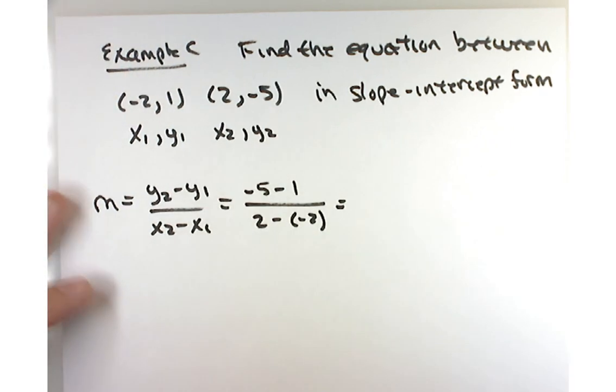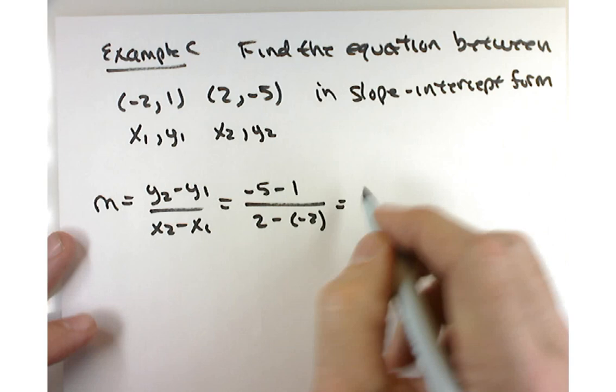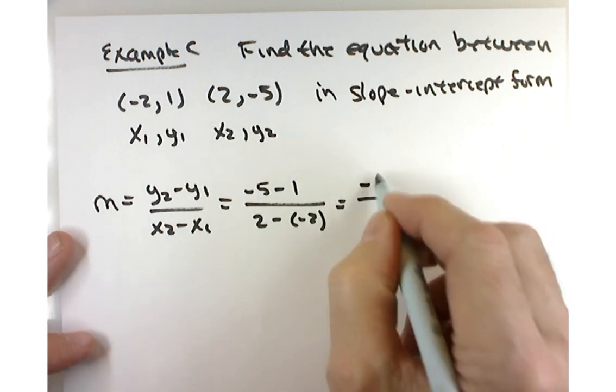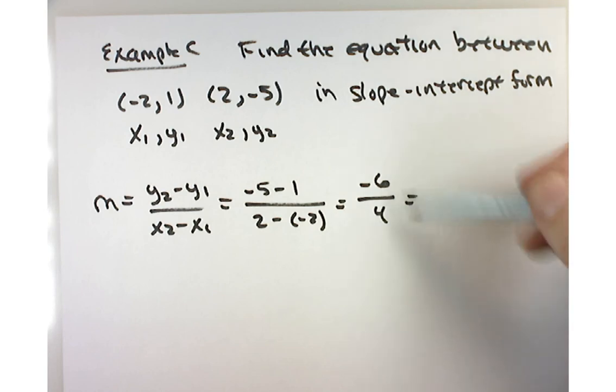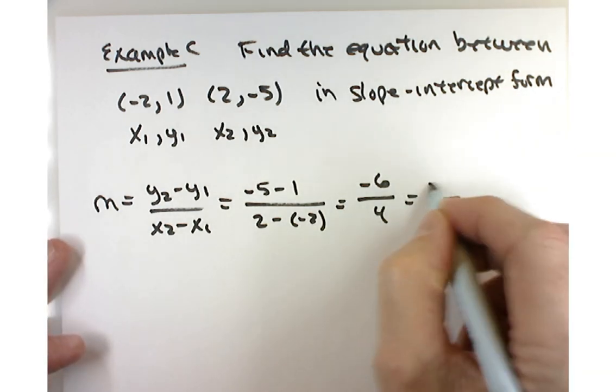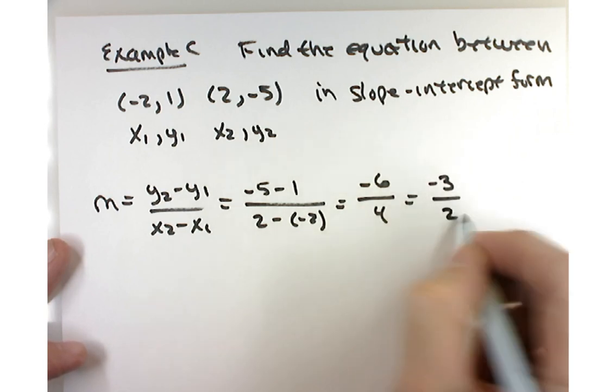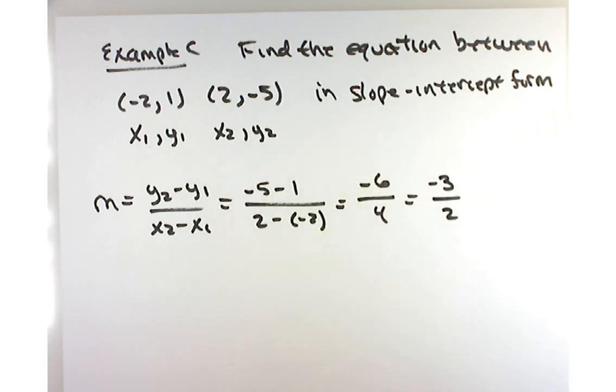The thing to be careful about is the double negative in the denominator. That's going to simplify down to negative 6 over 4. Since those are both even numbers, I hope you take the time to divide out the 2 and end up with a slope of negative 3/2.